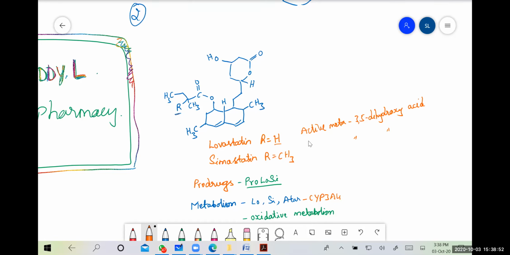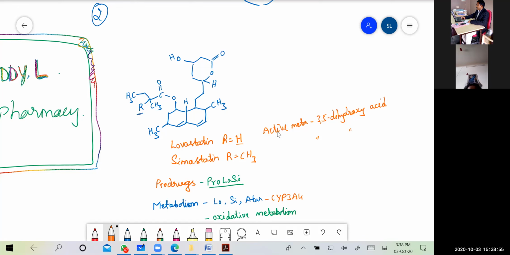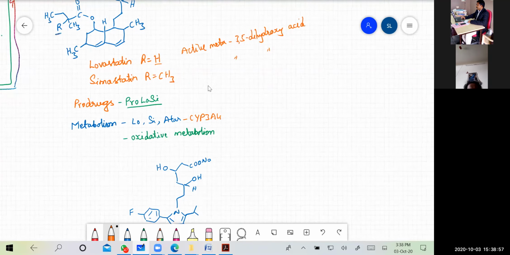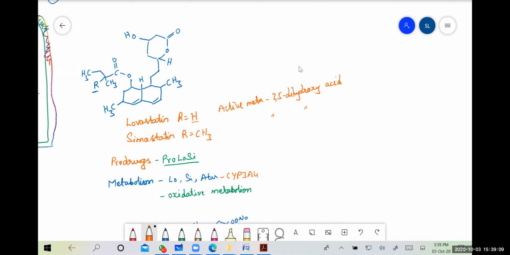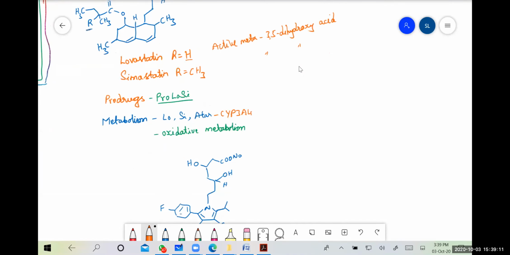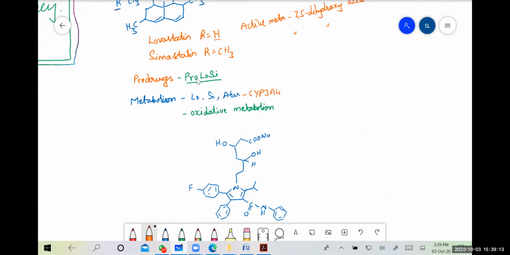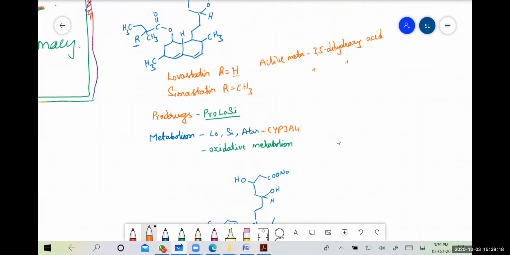So both lovastatin and simvastatin have got the lactone ring, so they are prodrugs. Then how to remember these prodrugs? Here I have written one mnemonic: prolosi, that means prodrugs are lovastatin and simvastatin. This is how we can easily remember.